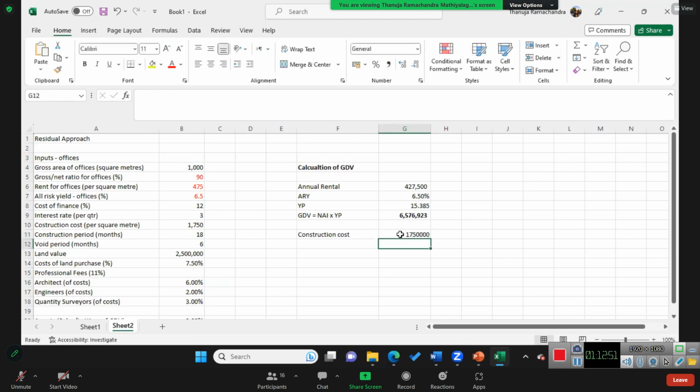The land is given, then profit calculation. Construction cost is 1,750 per square meter. Construction period is 18 months and the void period is 6 months.